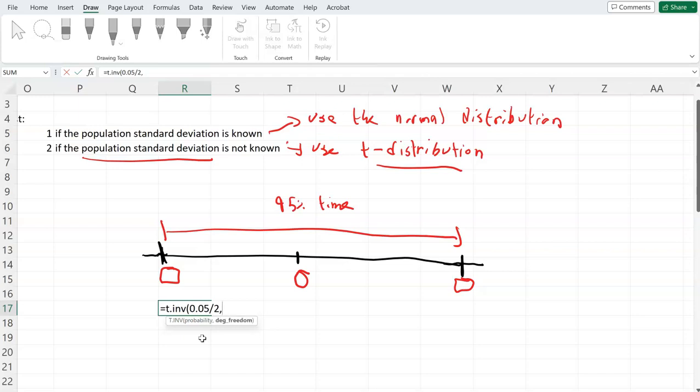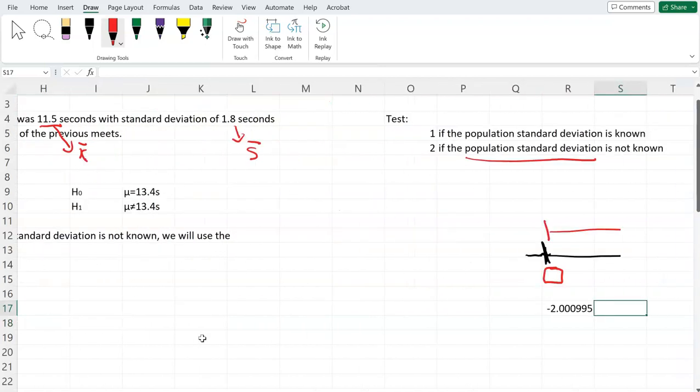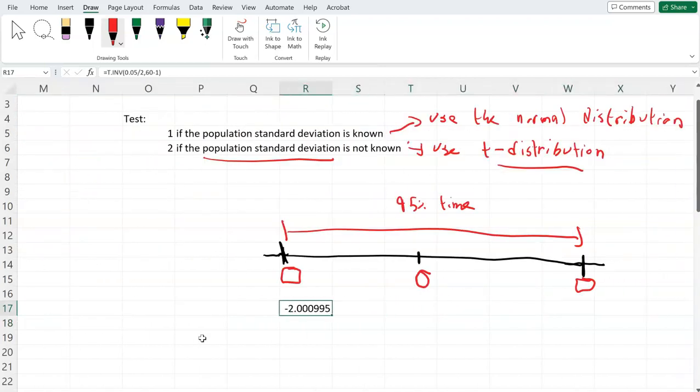And the degrees of freedom, I think we said n is 60, minus 1. I still have to check what n is. n is 50 actually. So n is going to be 50 minus 1. Then my lower limit is going to be negative 2.009. So this number will be that.